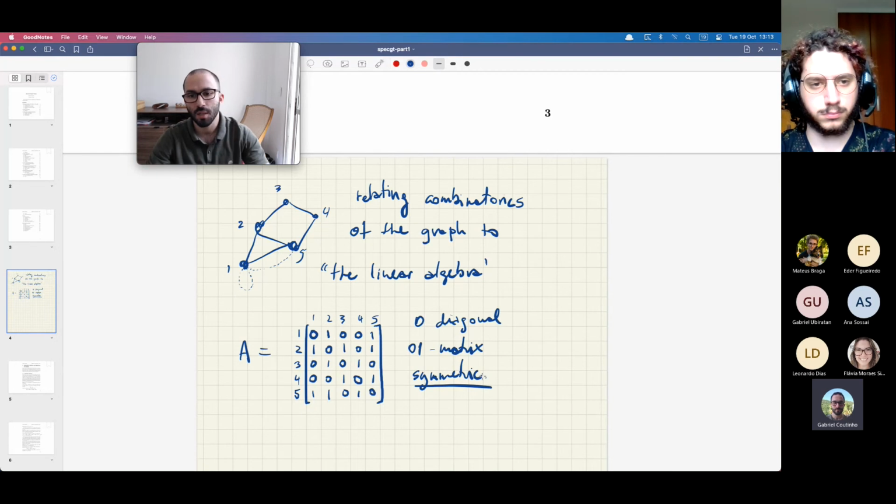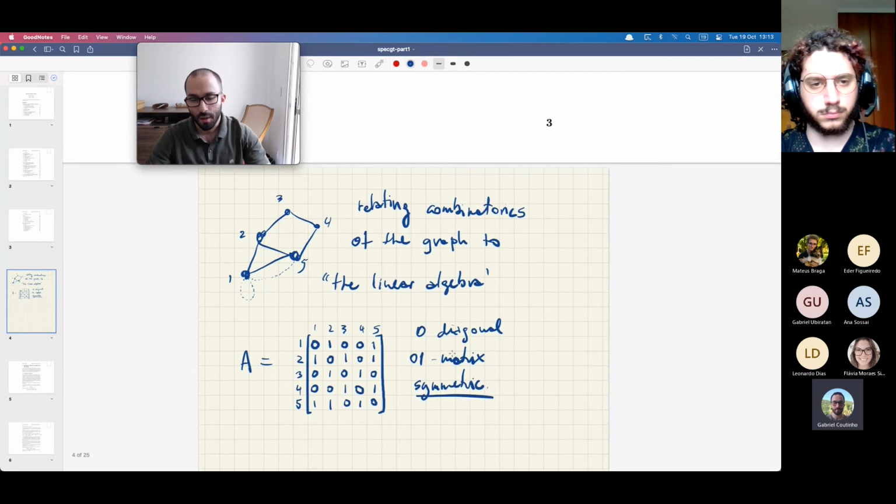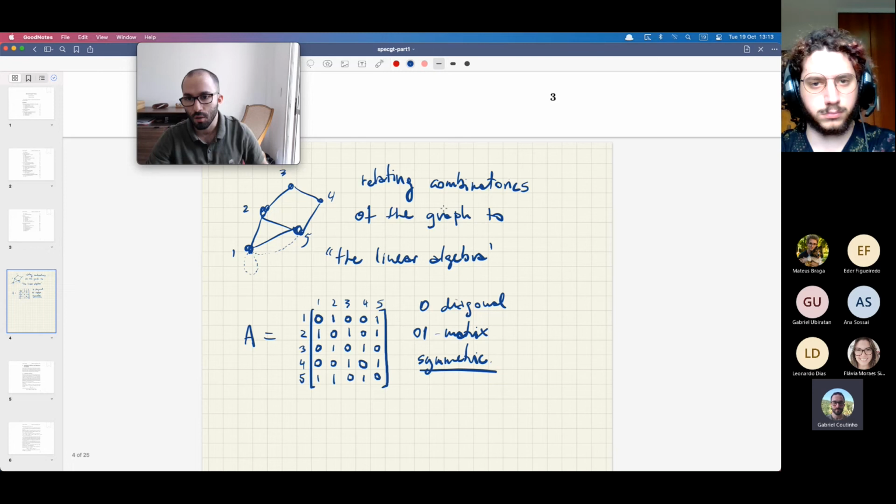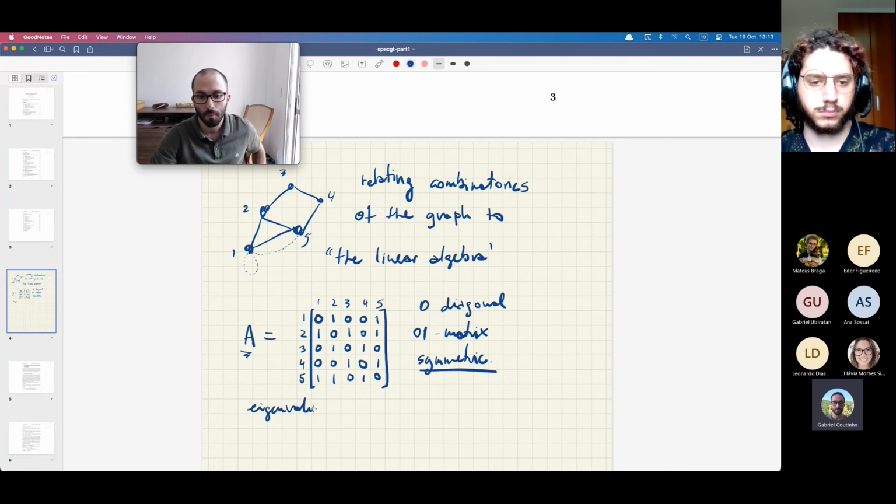Basically, the topic of this course is to relate combinatorial properties of the graph to things that you can say about this matrix by looking at its eigenvalues and eigenvectors.